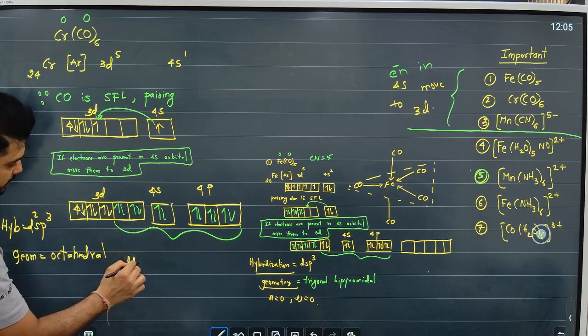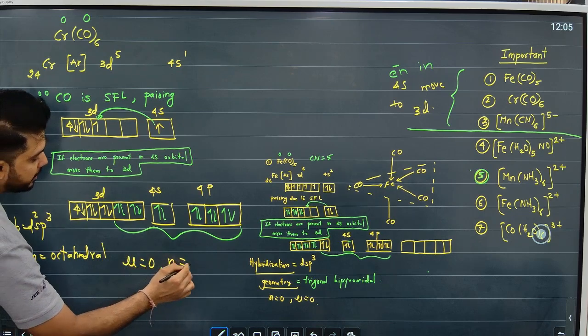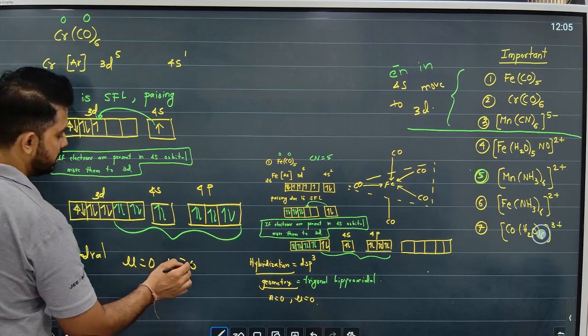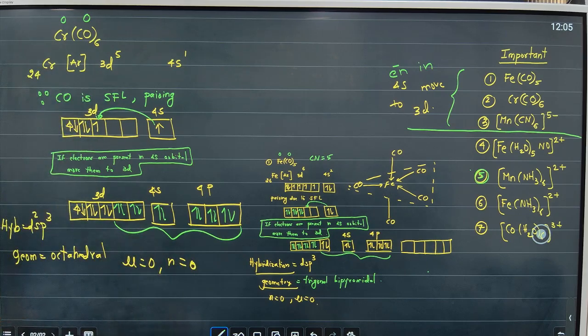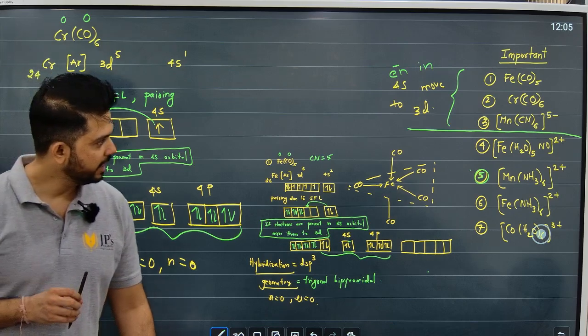Magnetic moment, because number of unpaired. Inner, outer. Low spin, high spin. ठीक है, समझा? Anyone did not get that?